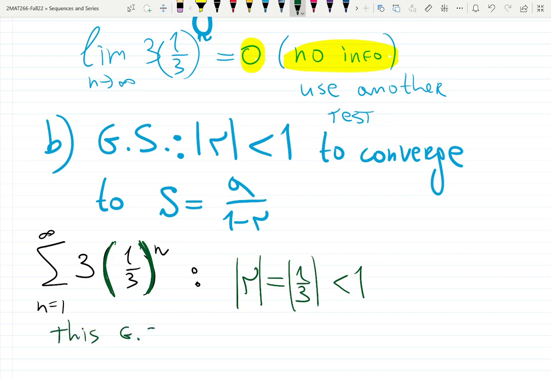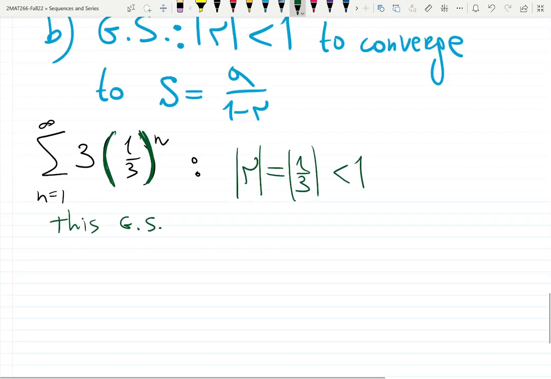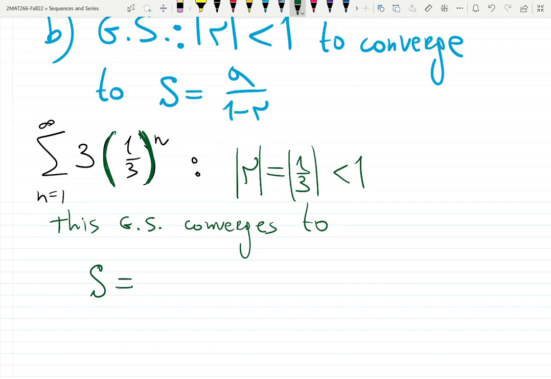This geometric series, GS is geometric series, converges. And it converges to S. S is a finite sum, or converges to what S? S is, well, we definitely know 1 minus r, so 1 minus 1/3. But what is my a?